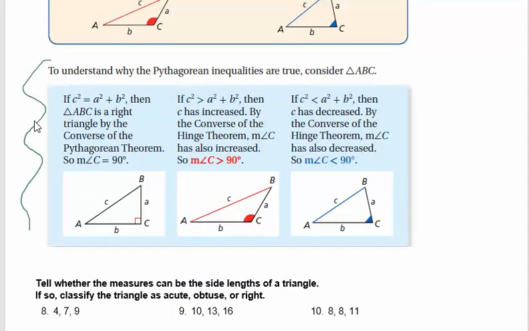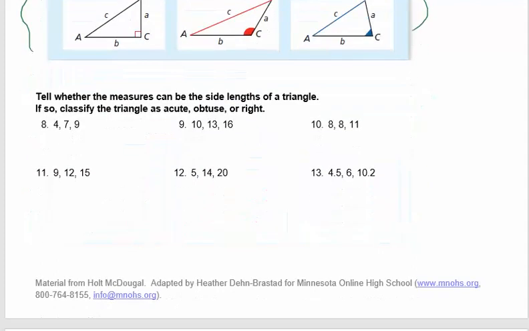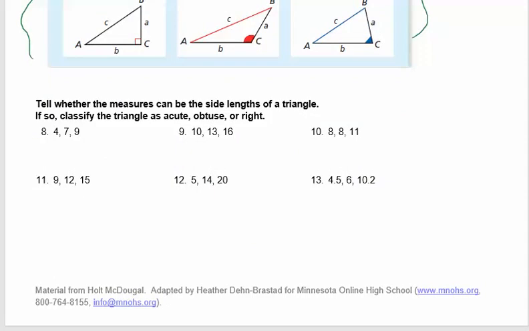So here's the rules for a right triangle, an obtuse triangle, and an acute triangle. And then for these ones, you're going to do that and see what kind of triangle you end up with.